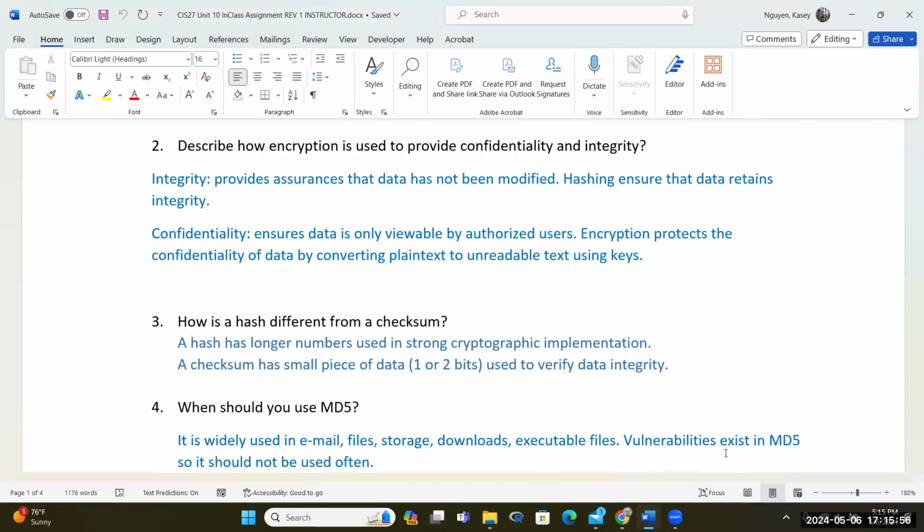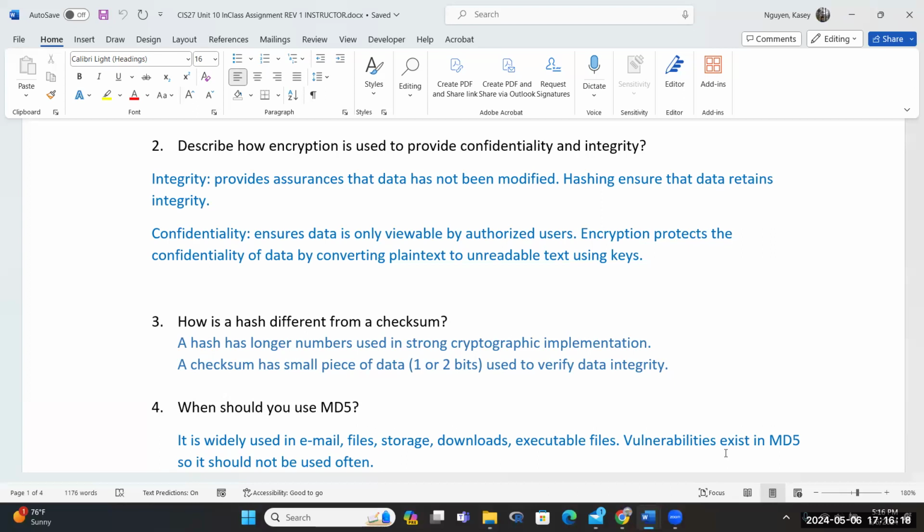So we already talked about encryption, confidentiality, and integrity for question 2. In question 3, it says, how is a hash different than a checksum? A hash, we already talked about, is a value that's given to an object once it's created, and we can use that to check its integrity.